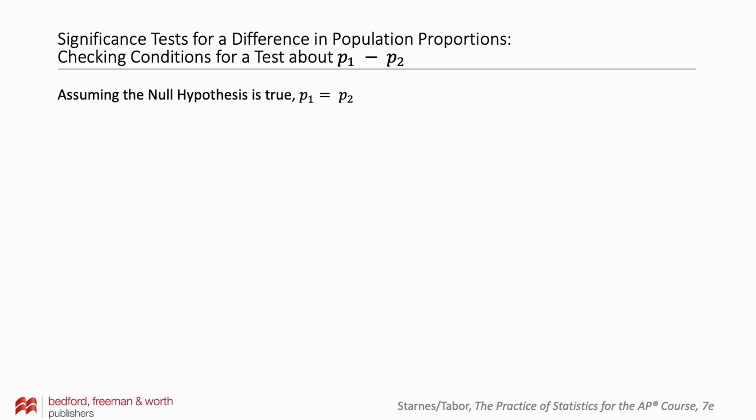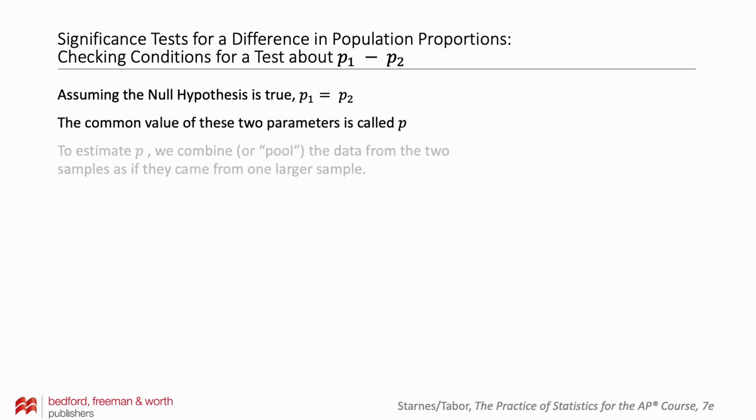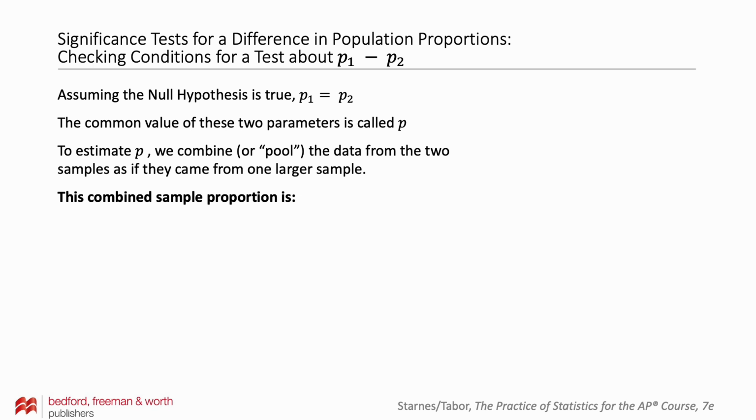So assuming that the null hypothesis is true, P sub 1 is equal to P sub 2. The common value of these two parameters is called P. So to estimate P, because we don't have it, we combine or pool the data from the two samples as if they came from one larger sample.